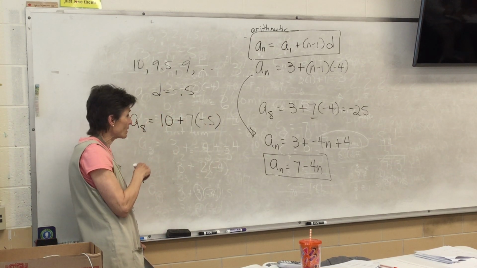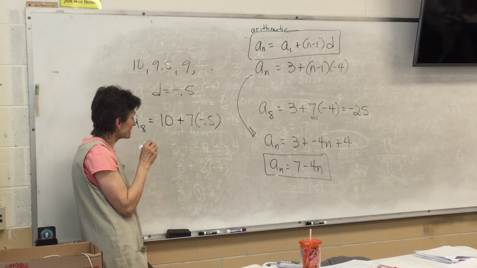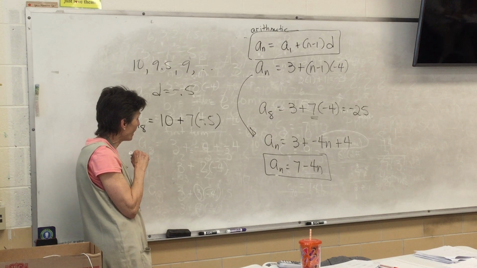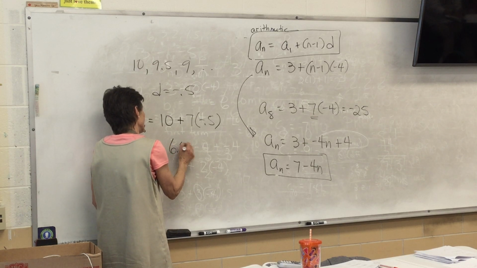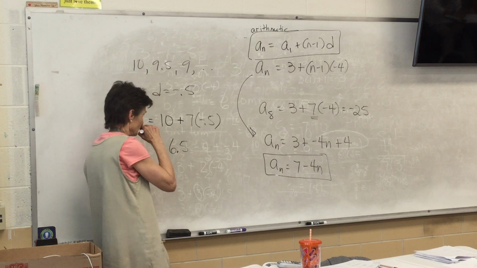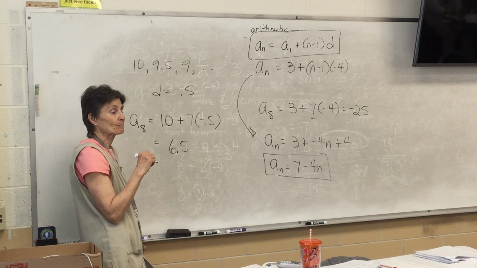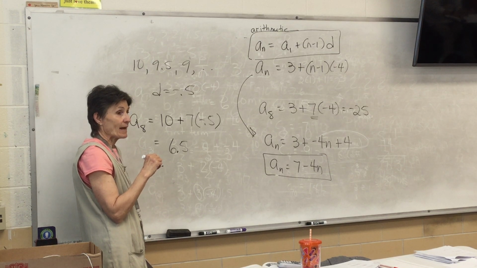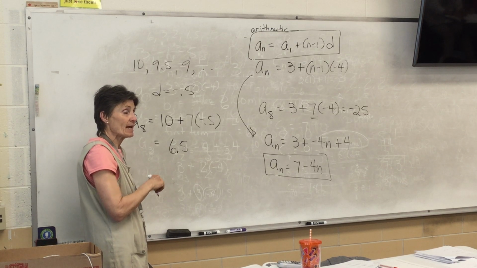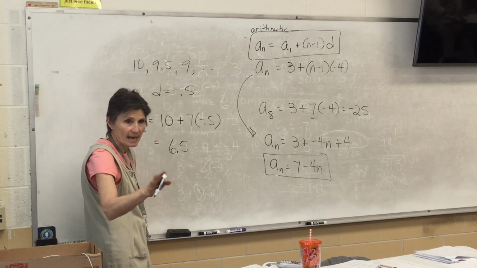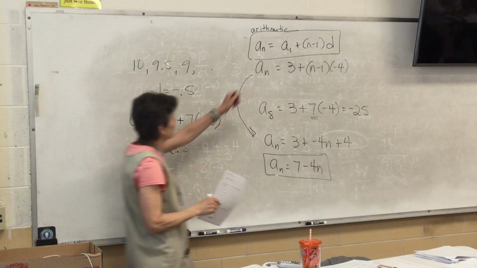Type that on your calculator, 10 plus 7 times negative 0.5. Is that 6.5? That's the 8th term. If I said let's find the 80th term, you would do everything exactly the same. You would just put in 80.